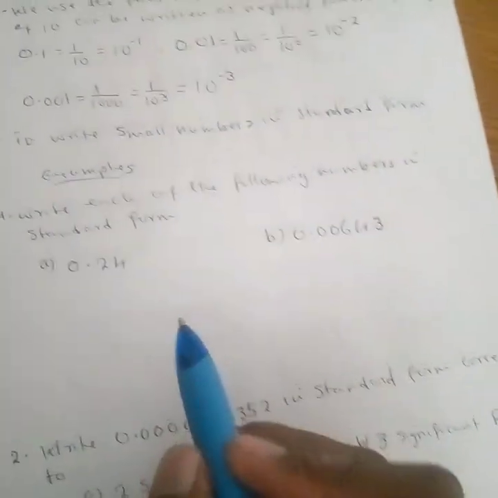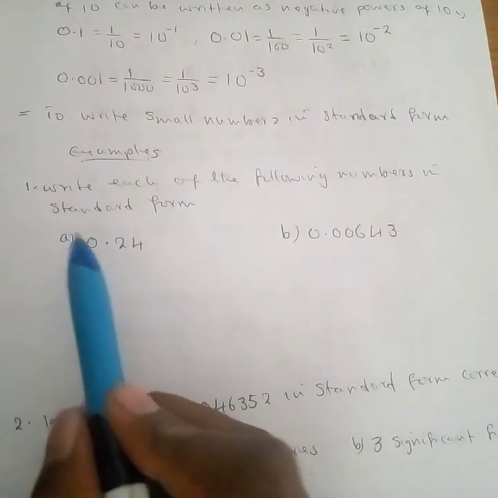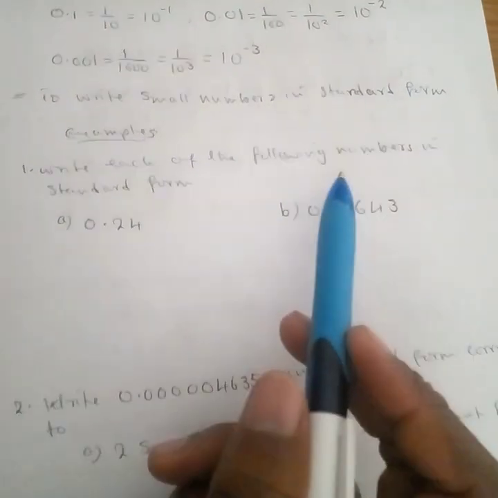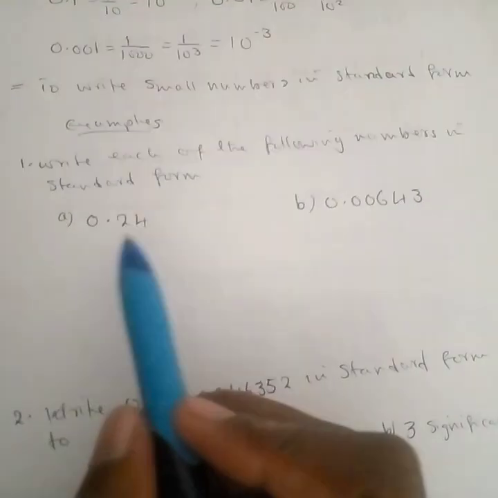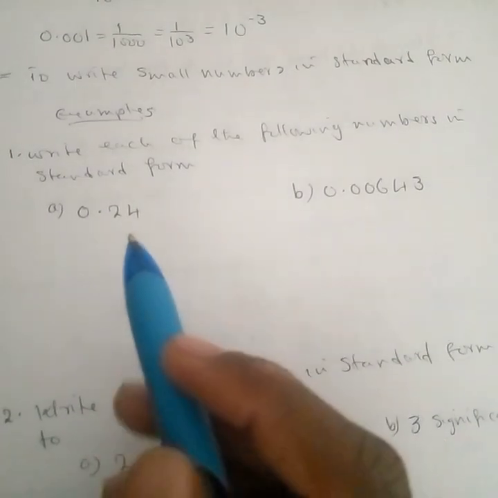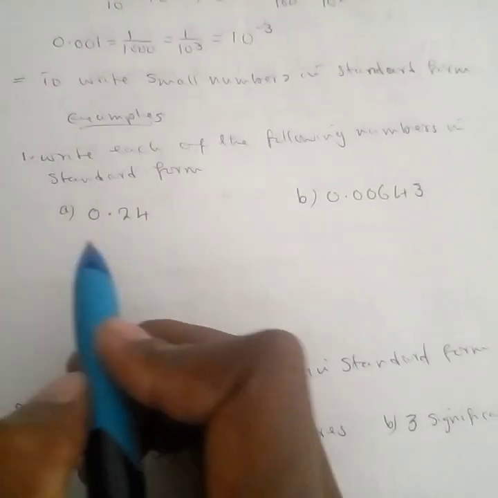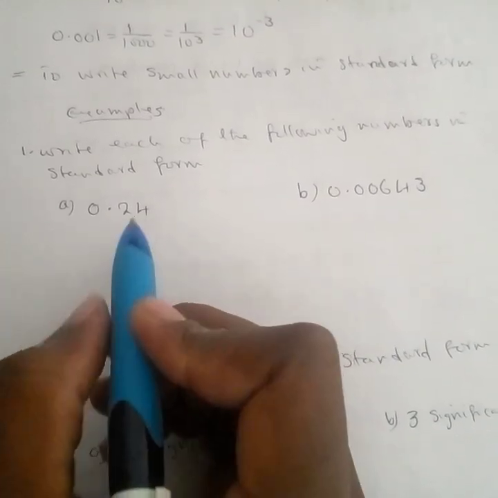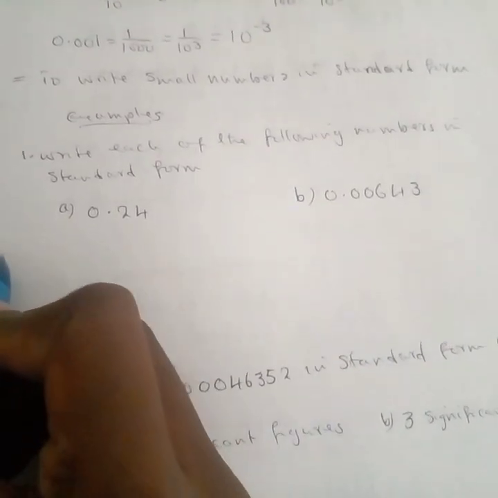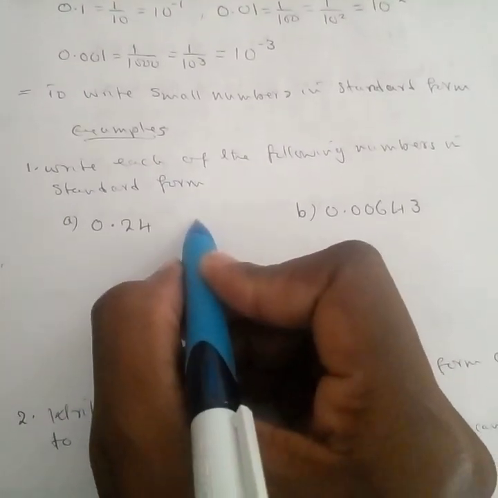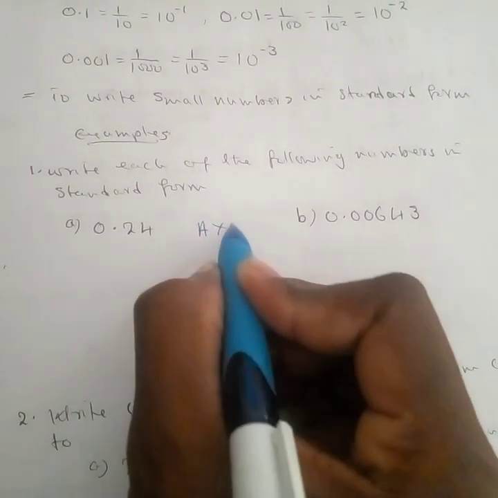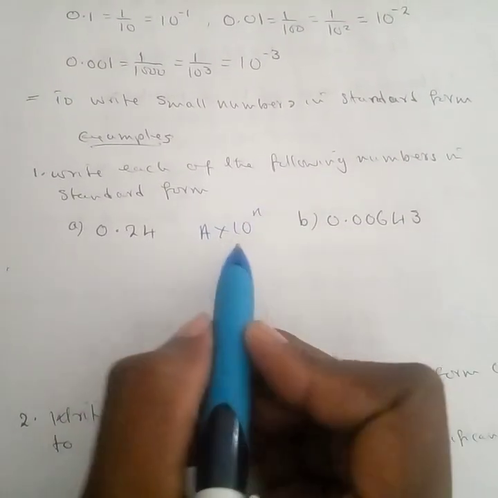The first example is asking us to write each of the following numbers in standard form. To begin with, this number which is here is 0.24. To write it in standard form, we should always remember the concept that any number we are writing in standard form should look like this. This is the format.